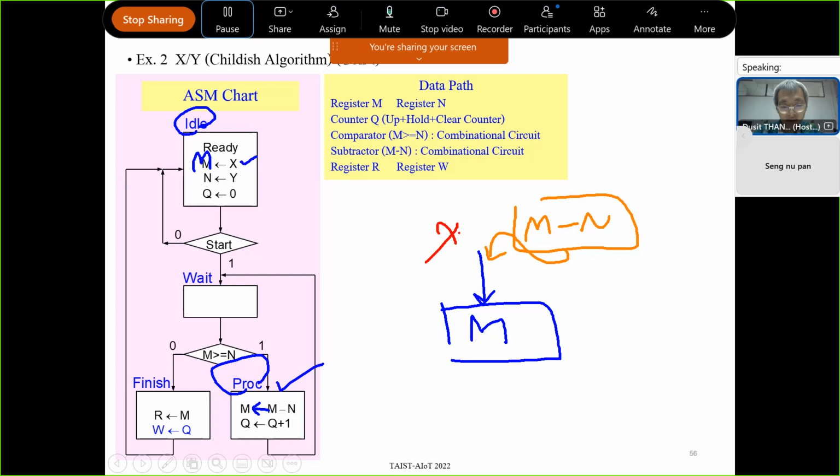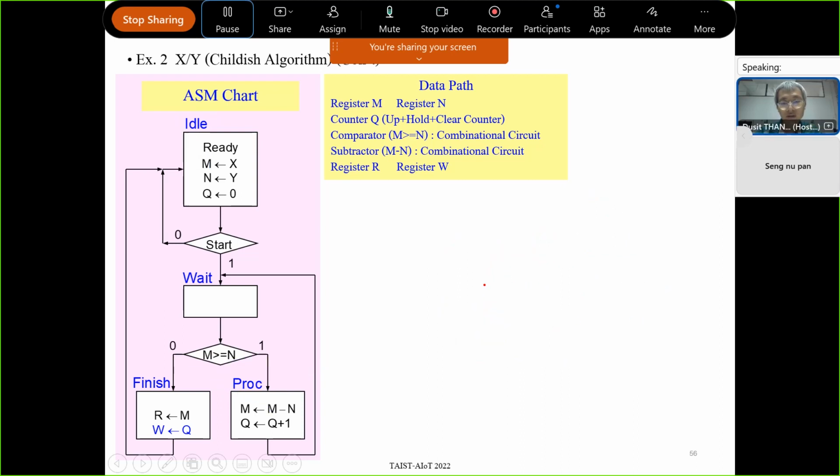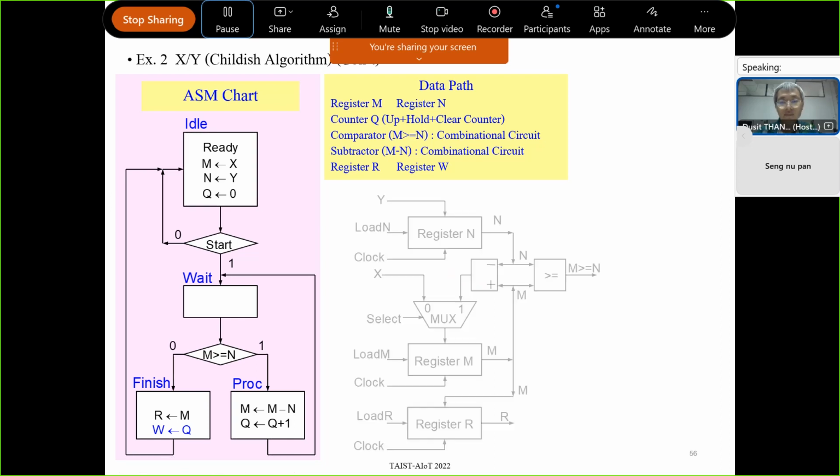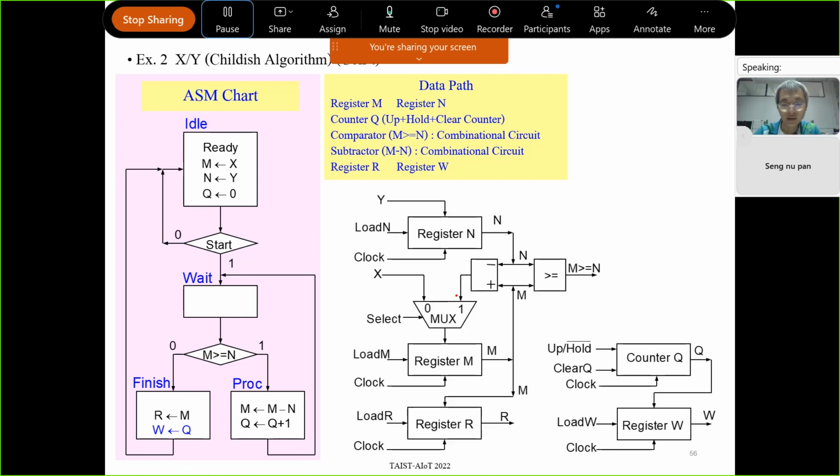You cannot connect x and m minus n directly to input m at the same time, right? So you need what? A multiplexer. You need a multiplexer to select the data from x or m minus n.